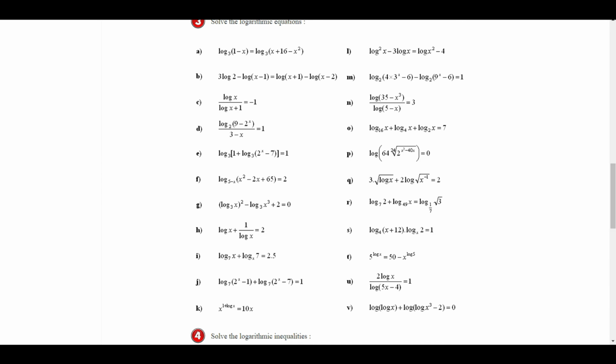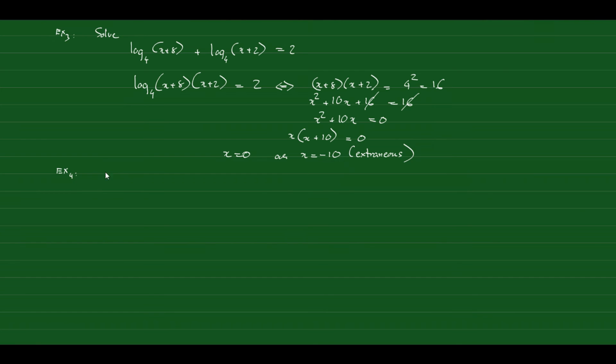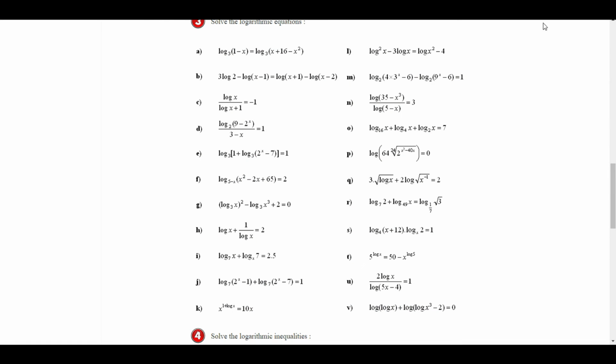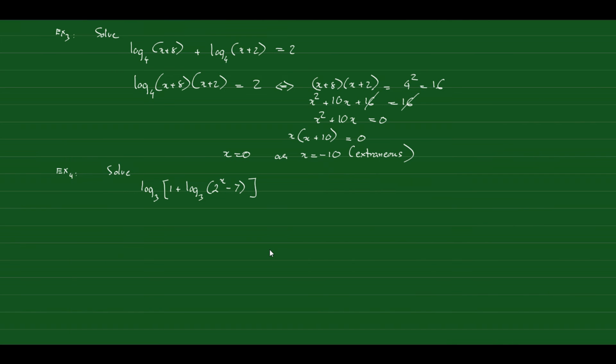Log base 3 of 1 plus log base 3 of 2 to the x minus 7 equal 1. So this is a kind of interesting problem here.